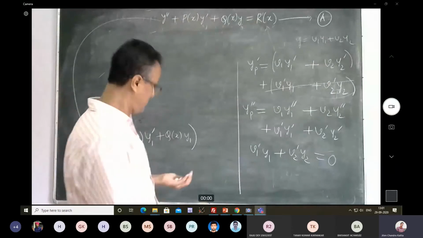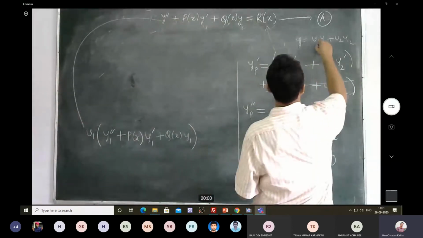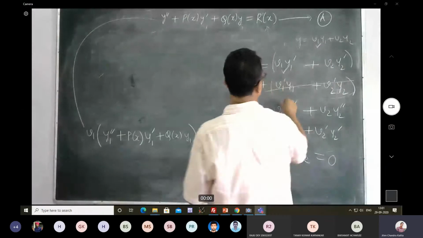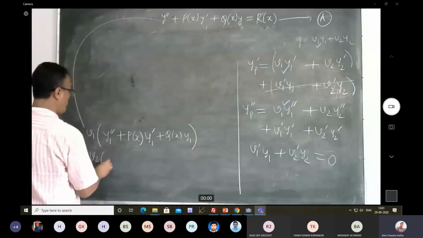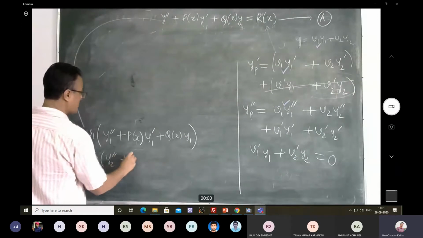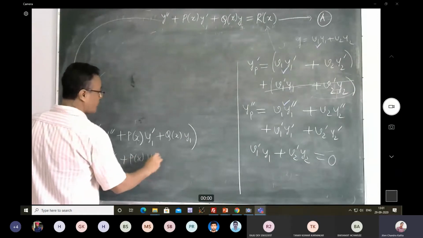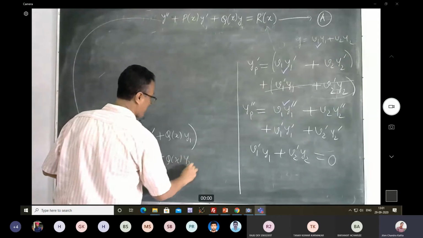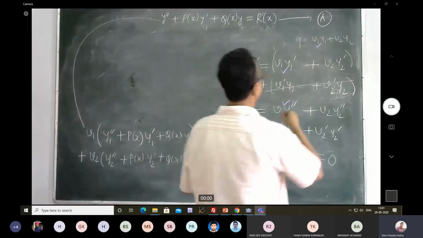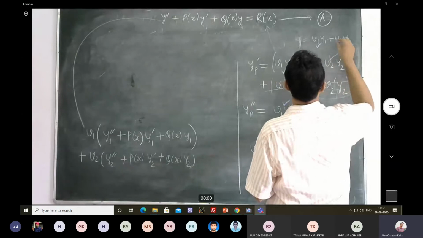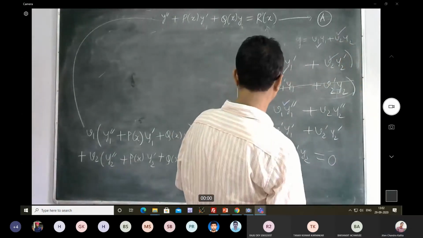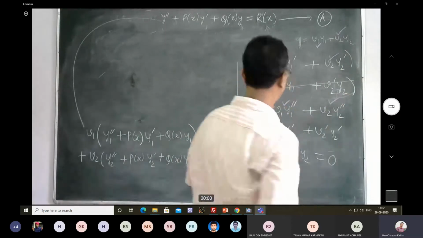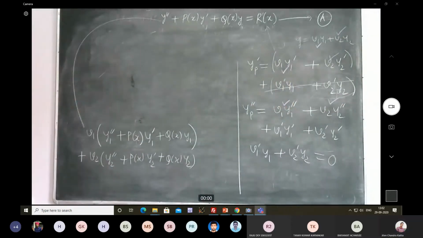So we have made use of this term and this term. Similarly, if I take v2 common as before, I get this. So I have made use of this one, this one and this one. Is it okay with everybody? Yes, sir.